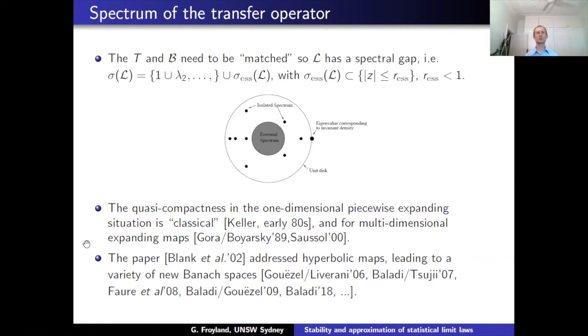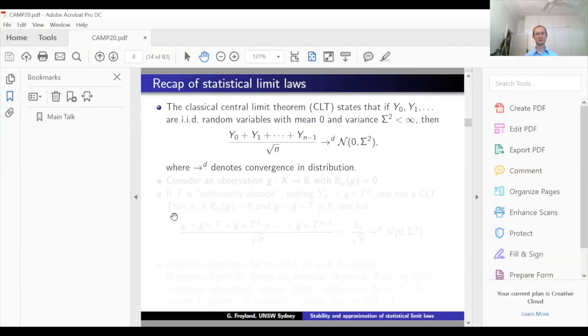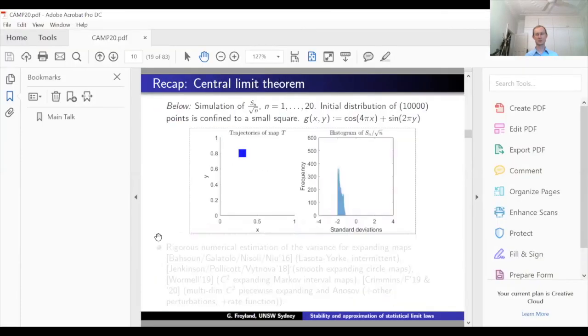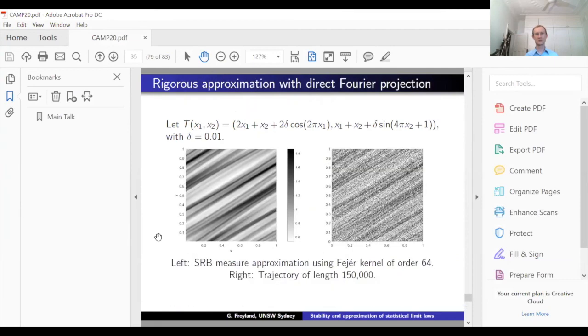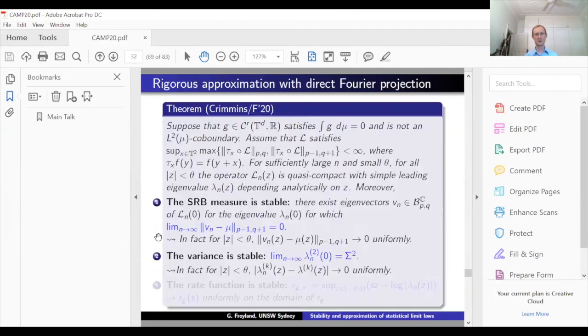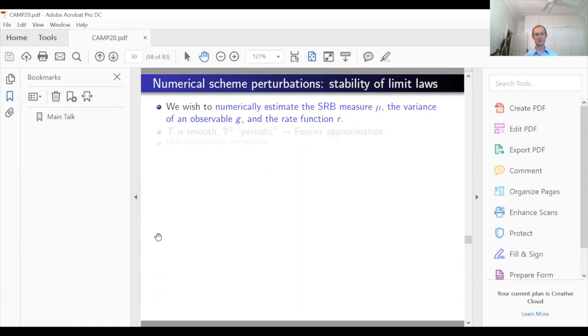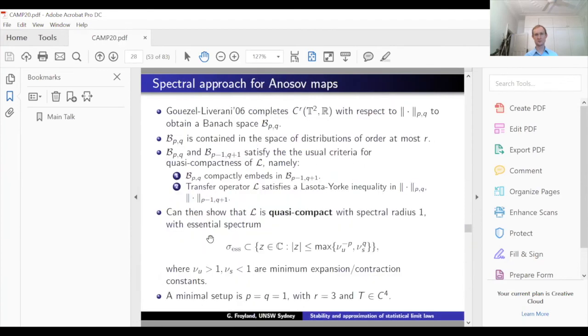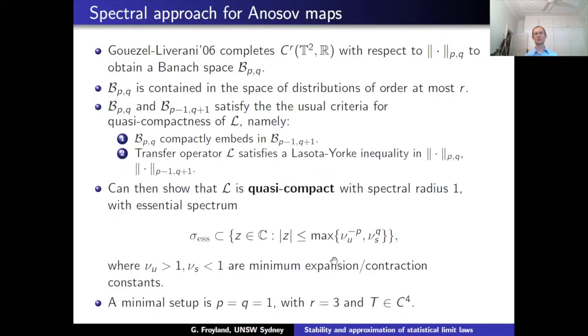Yeah. So you can relate it to, toward the end, I skipped over this very quickly. Here. The radius of the essential spectrum, this is in the Anosov case. In the case where we choose P and Q to be 1, then this nu U is the uniform rate of expansion, the lower bound on the expansion rate in unstable directions.